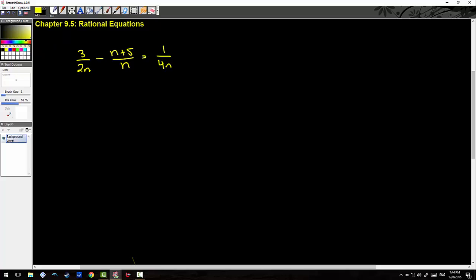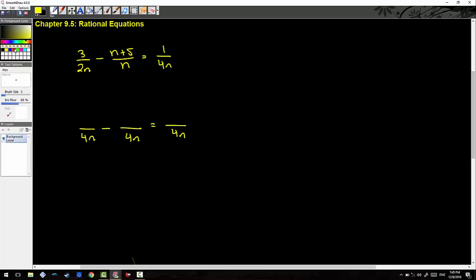In this next problem, we've got denominators not exactly being the same, so we've got to find a common denominator here. What's the common denominator between 2n, n, and 4n? If you guessed that it was 4n, then you'd be absolutely correct. I'm going to put a 4n here, minus 4n here, equals 4n here.